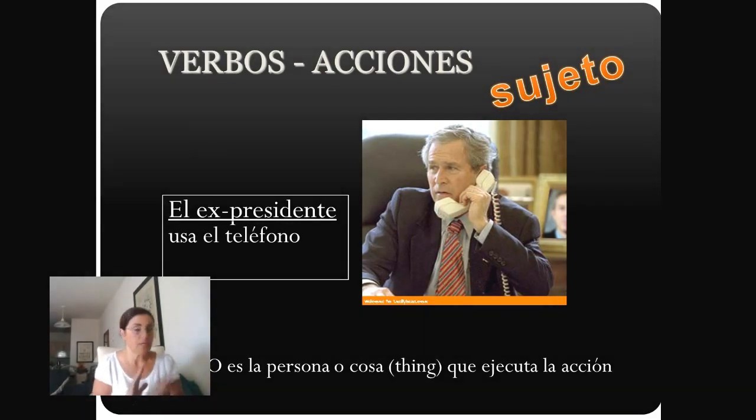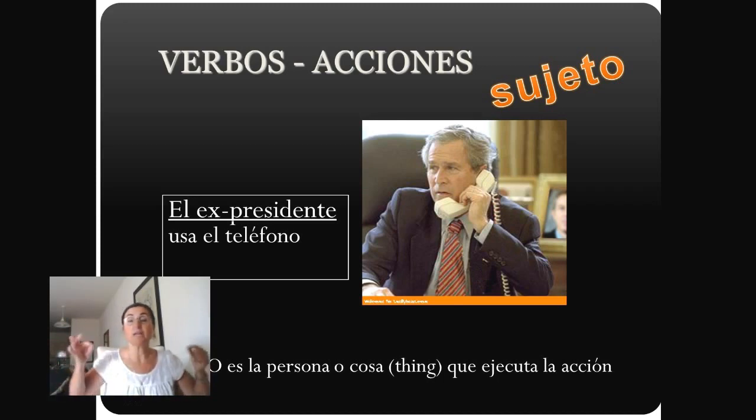Now let's see it. What is the subject in the sentence? We know subject pronouns, pronombres del sujeto, and we already talked about the infinitive, the name of the action. So let's talk about what the subject is. The subject is the part of the sentence that is the performer of whatever action we are going to put.